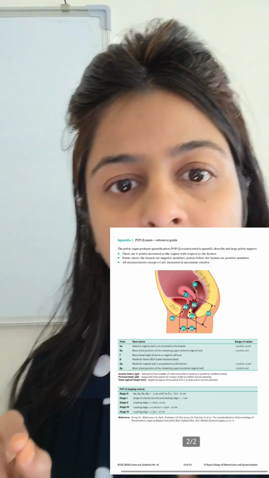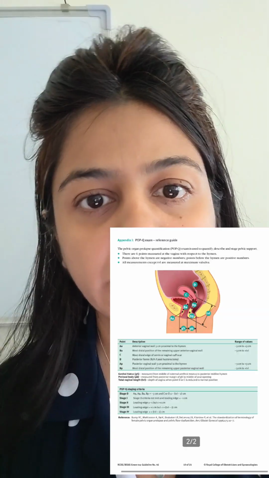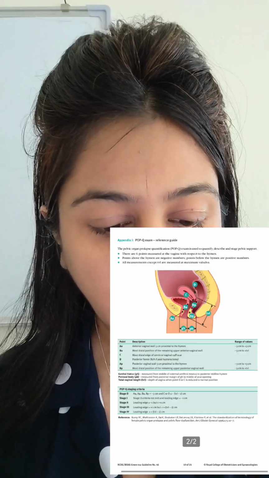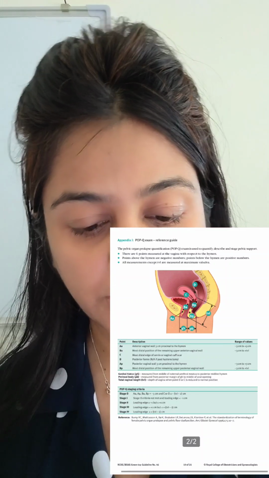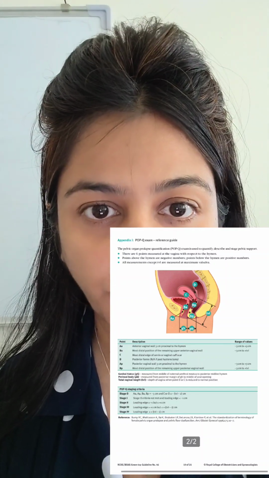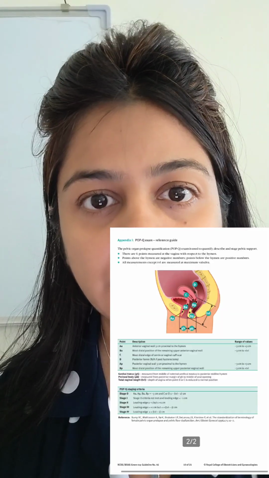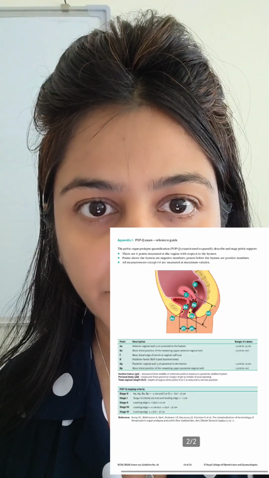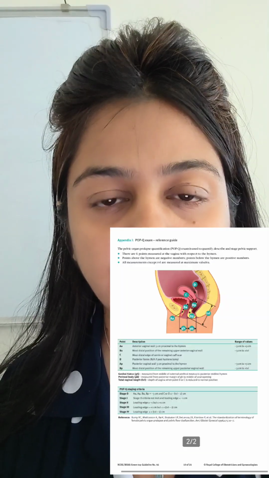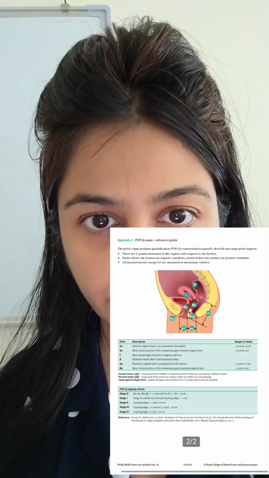Same as Aa, Ap is fixed at 3 centimeters proximal to the hymen, and Bp is the most distal portion of the upper posterior vaginal wall. So Aa and Ba are anterior and Ap and Bp are posterior.